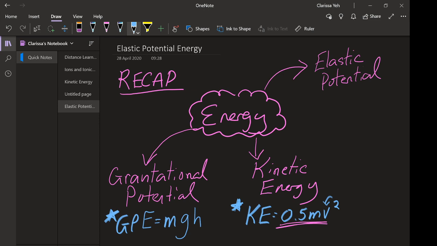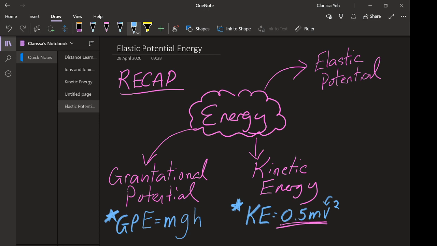For the elastic potential energy equation, we have several new parts to it. For gravitational potential energy and kinetic energy, we're working with things like mass, which you guys already know. We've explained gravitational field strength as how strong the gravity is on a particular planet or place. v is just the speed or the velocity. But now with elastic potential energy, there are these new terms that I do want to define first.